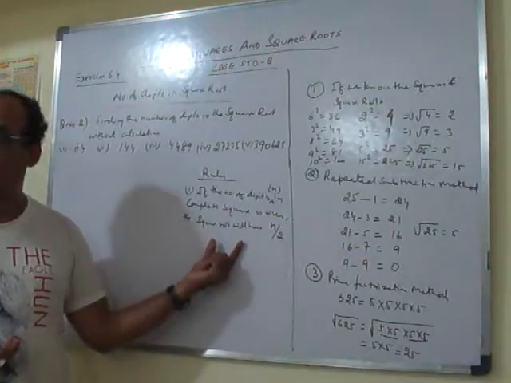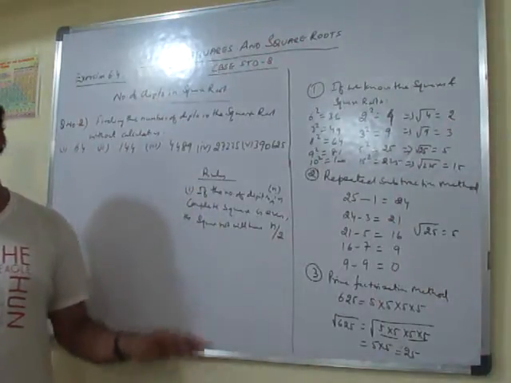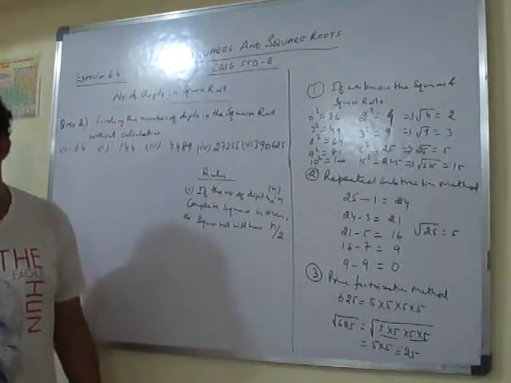So when the number of digits is even, its square root will have n by 2 digits, just half of the digits.